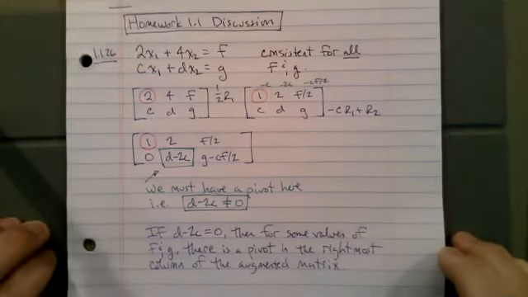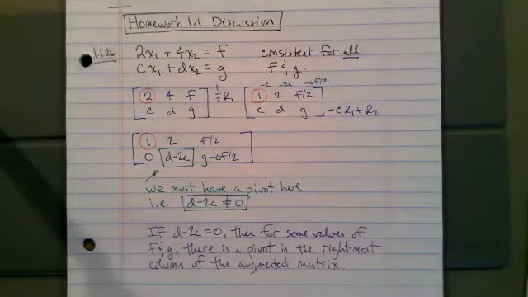And therefore, the associated linear system is inconsistent. But we were given that the linear system is consistent for all f and g. Therefore, d minus 2c cannot be 0.